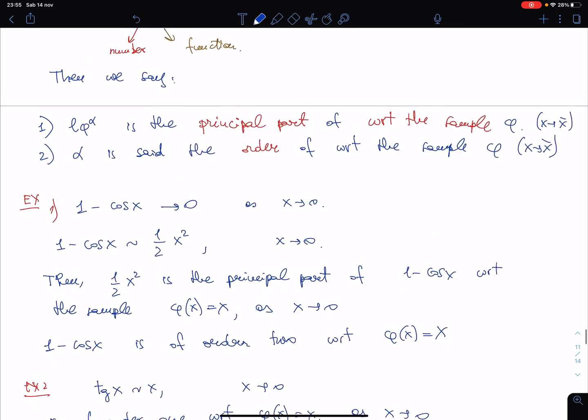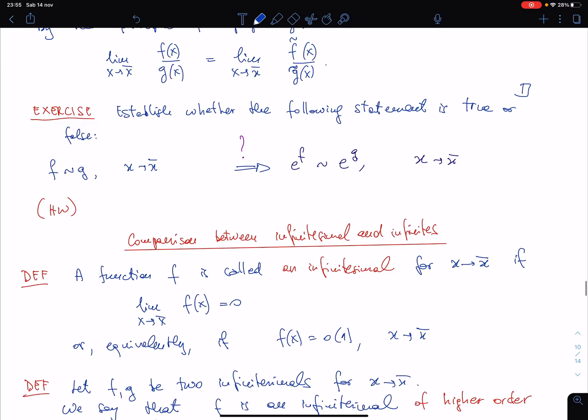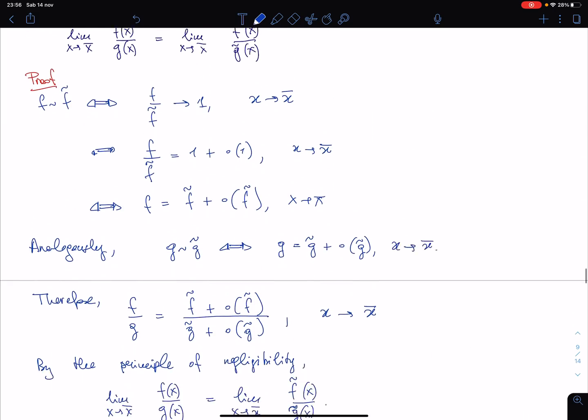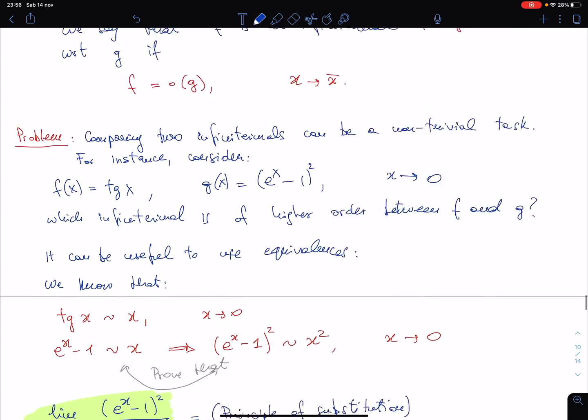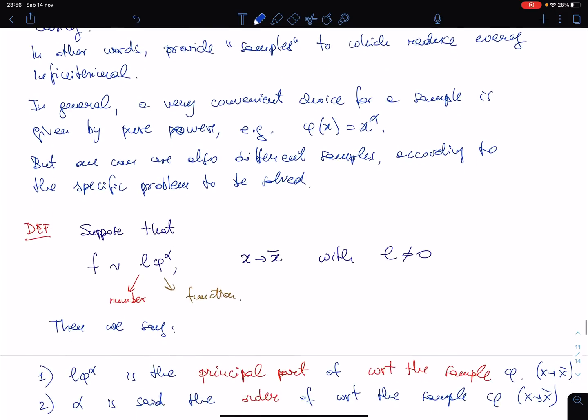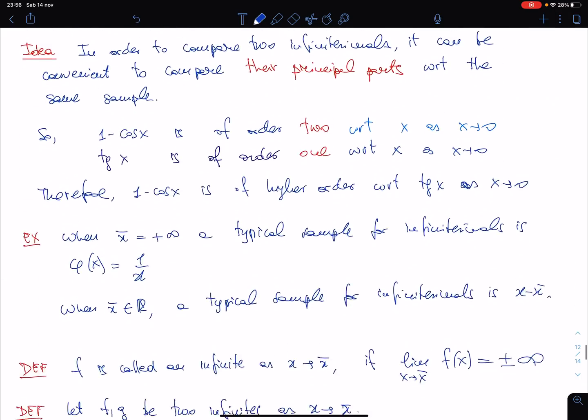Alpha larger than 0 had to be specified also in the other definition. Probably I forgot to do that. I'm sorry. In the definition of principal part, alpha larger than 0. Okay.